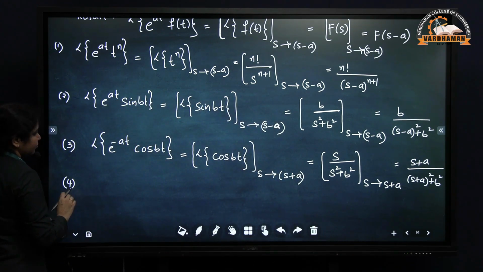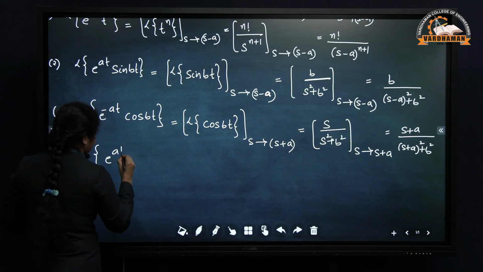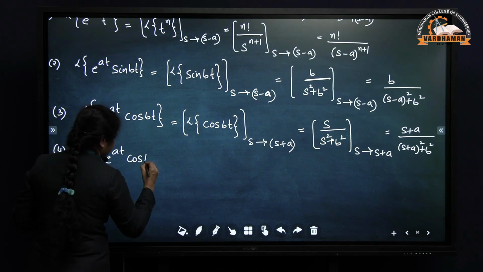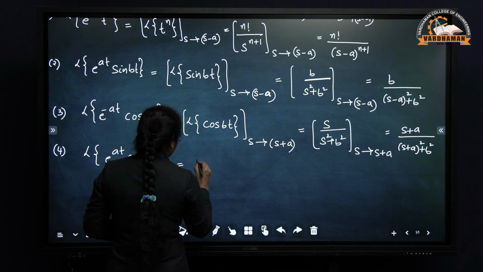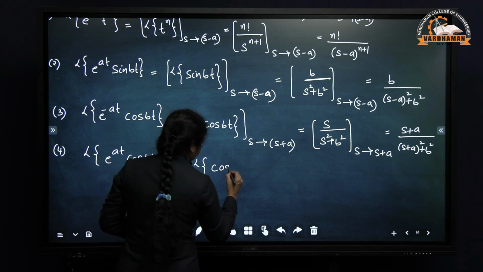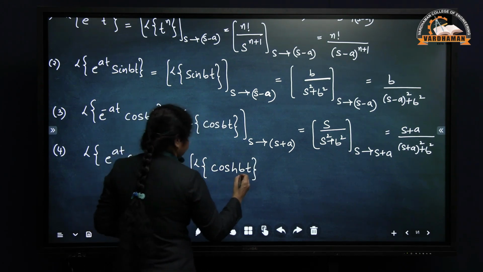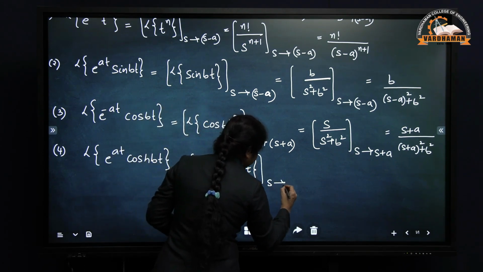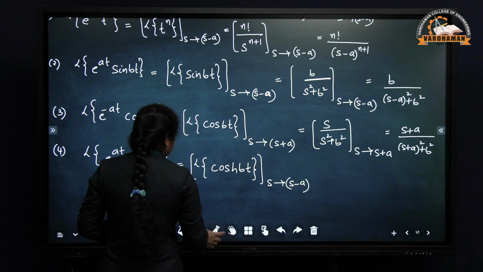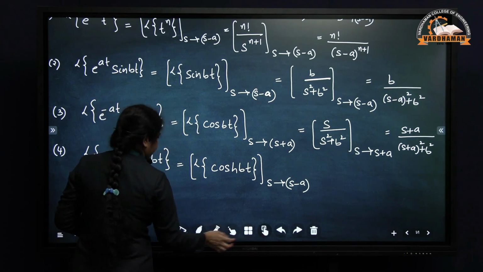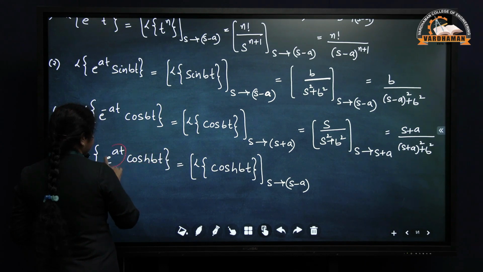And one more result using a hyperbolic function: the Laplace transform of e power at into cosh bt. Here we need to find the Laplace transform of cosh bt, and in this result we need to change s to s minus a, since the function cosh bt is multiplied by e power at.